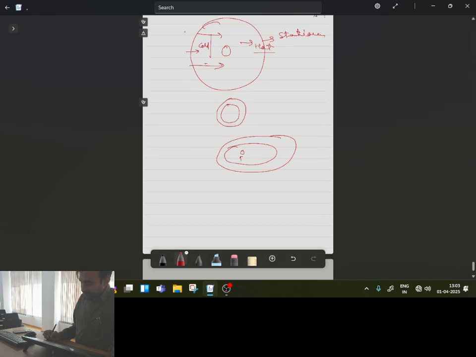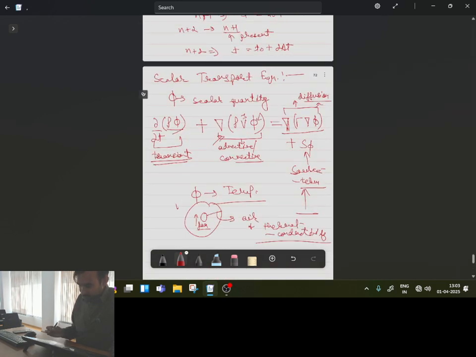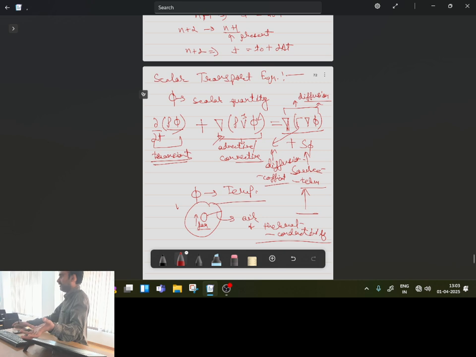You can also understand from the equation itself: in the diffusion term, which quantity do we have? This particular gamma is the property called the diffusion coefficient. So the diffusion coefficient for heat transfer is thermal conductivity.